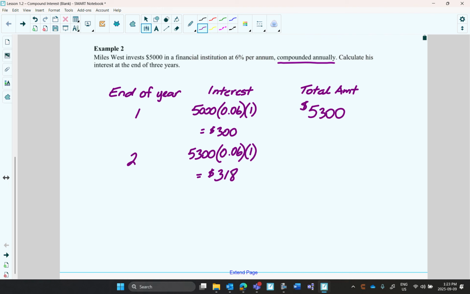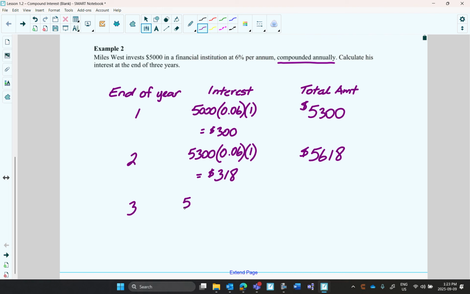What's the total amount in his investment now? 5,000. Remember, he's got this amount, and we just got this, 5,618. And he kept it in for 3 years, so we got to do interest one more time.